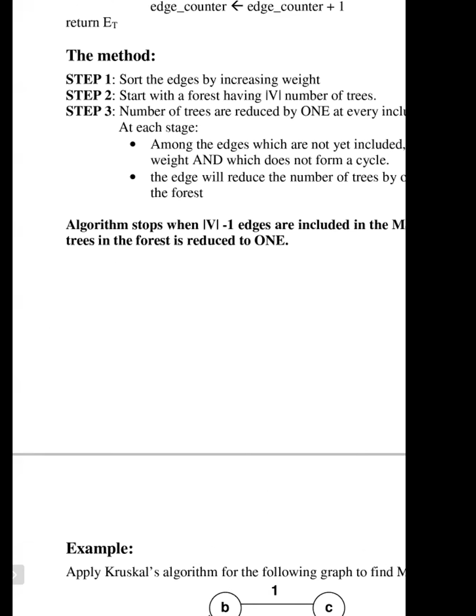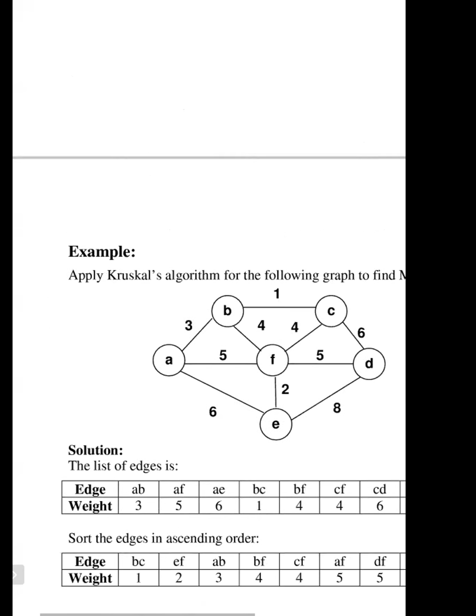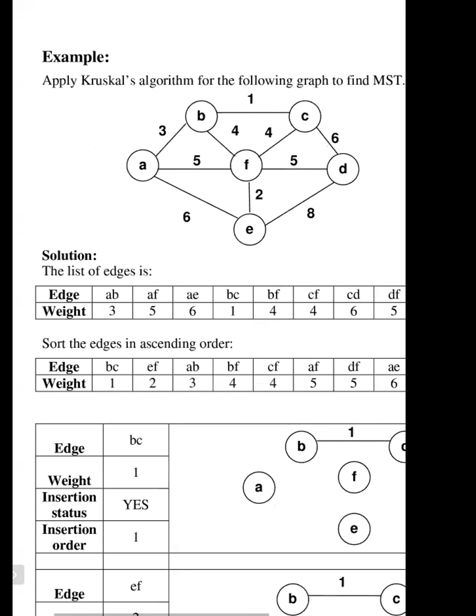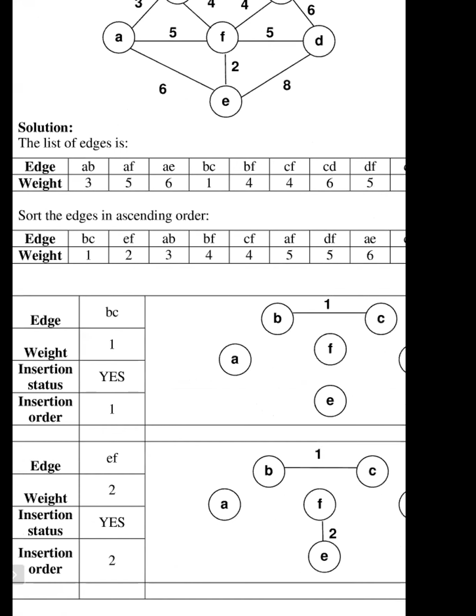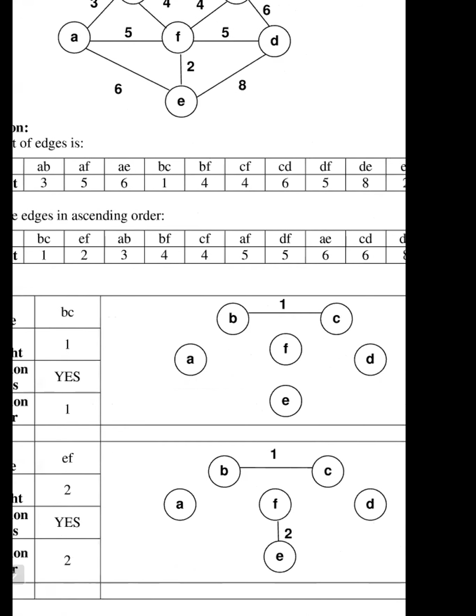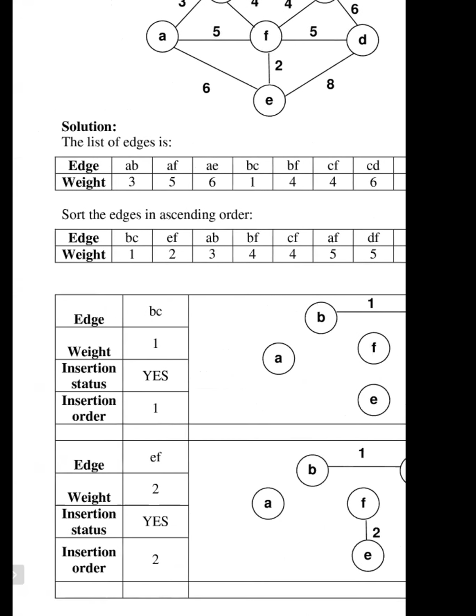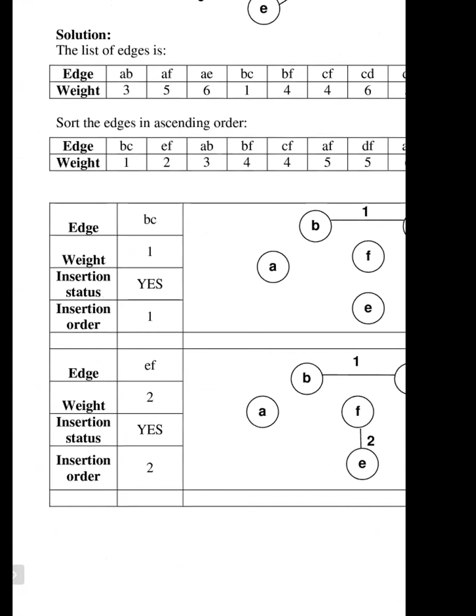Again we're considering the same graph. First we list the edges and their weights, and write them in ascending order of weight, from minimum to maximum.